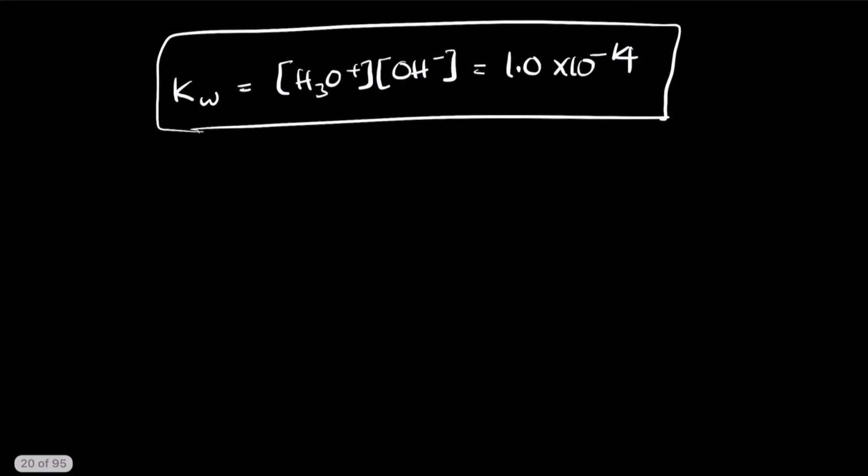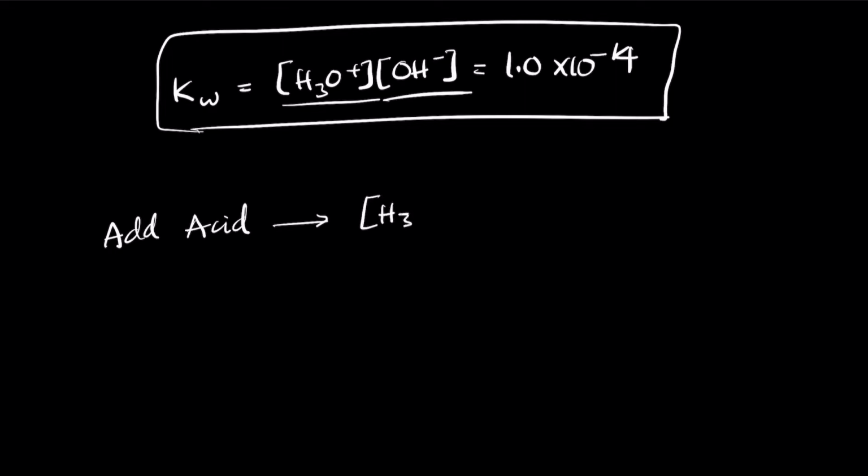Now what happens if we change one of the concentrations? Let's say you have water and you have added an acid. When you add acid to water, there is an increase in the H3O plus concentration. Remember that if this increases, to maintain the constant value, the other one has to decrease.